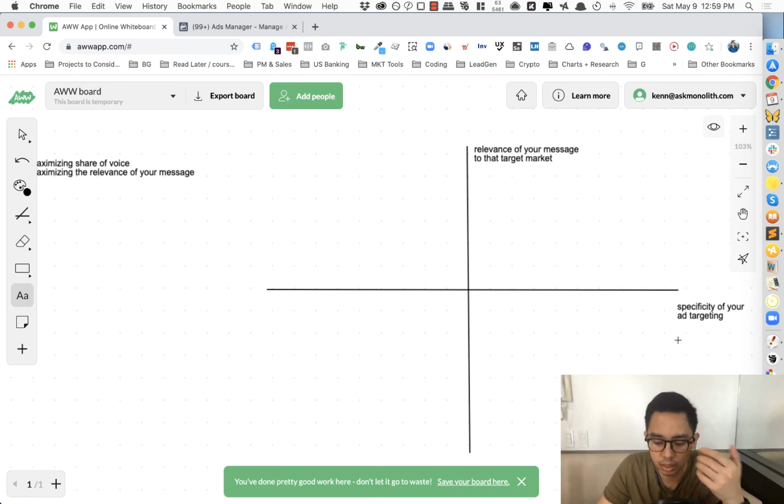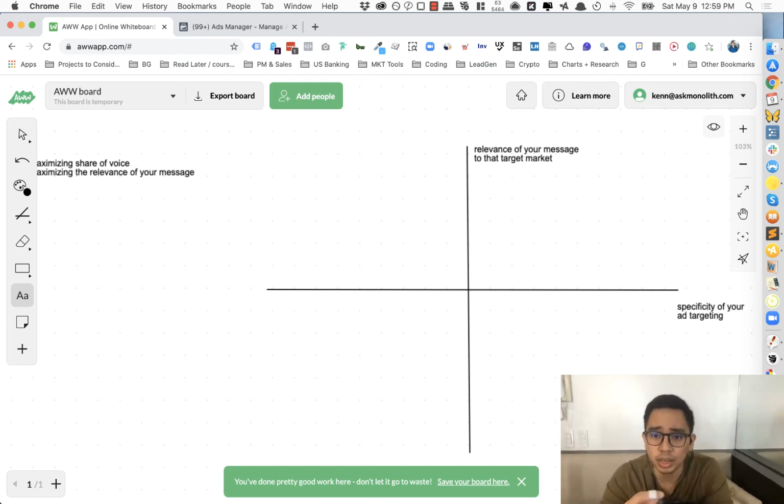Maybe this is also a person who likes French cuisine, etc. You want to add more personal attributes to the targeting so that you are reducing the audience size from about 10 million or more to about 100,000 or less. It still depends on your ad budget, but as a general rule, you want to compress it as much as possible, at most 200,000 people. So that's one thing, the specificity of your ad targeting.